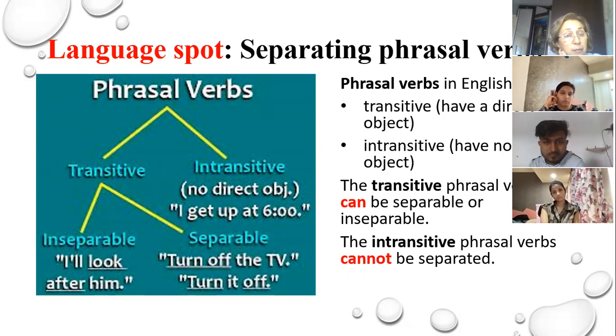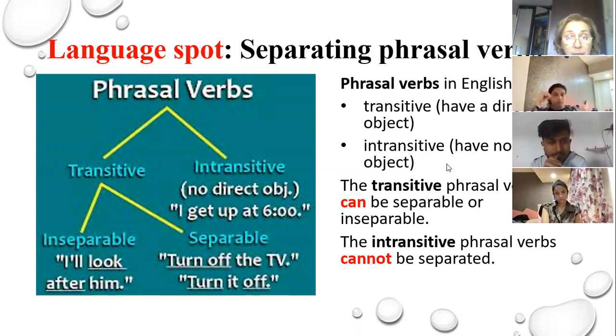Phrasal verbs can be transitive and intransitive. Transitive phrasal verbs are verbs which have a direct object, like turn on or turn off the TV, look after somebody.